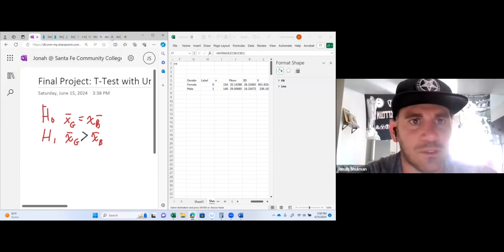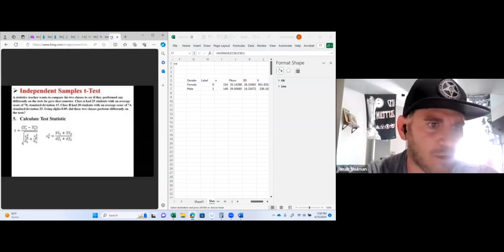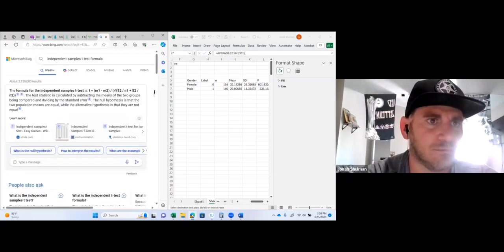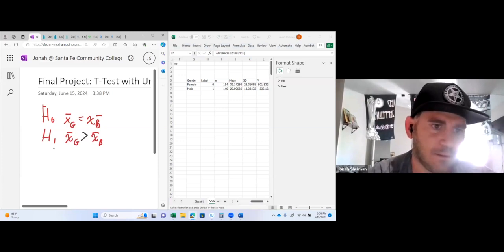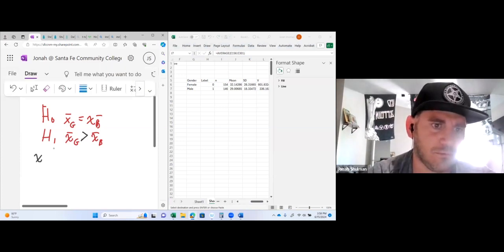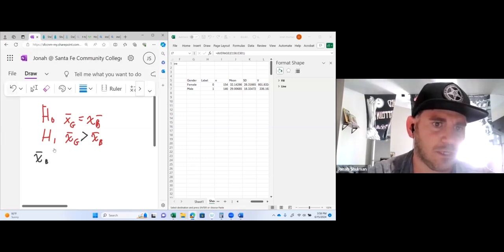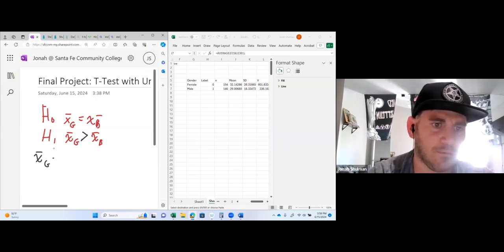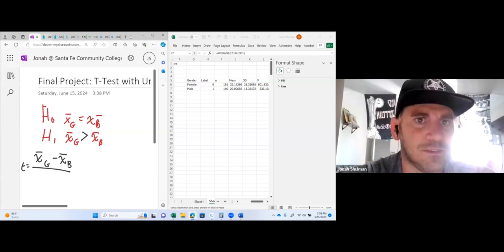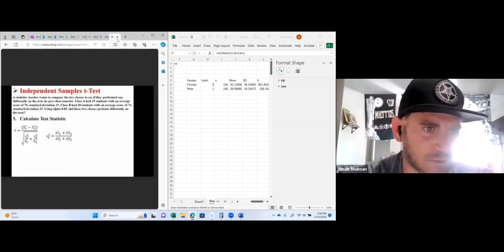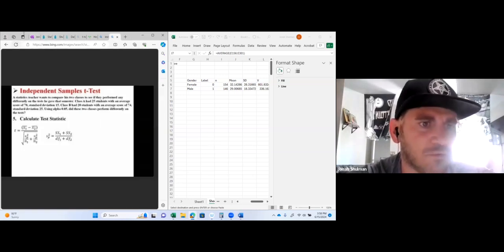So here's the formula. Mean one minus mean two. So X bar of girls first, minus X bar of boys over. And our T statistic is pooled variance over N1, pooled variance over N2.